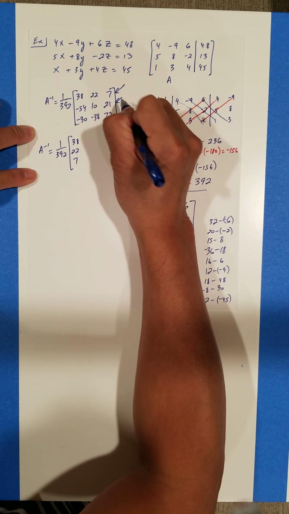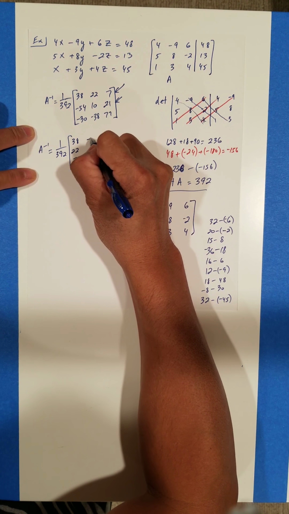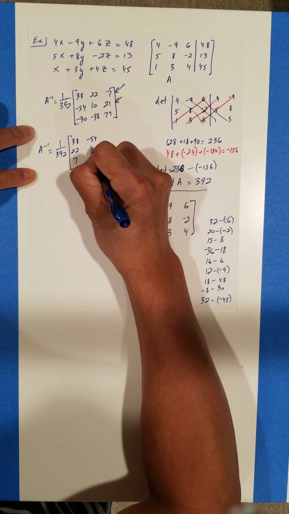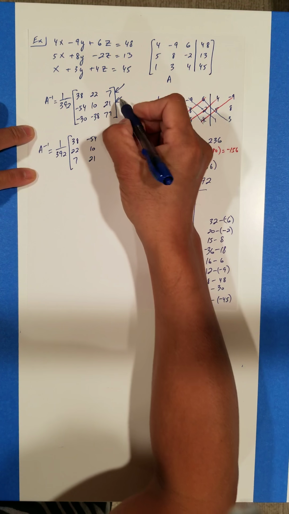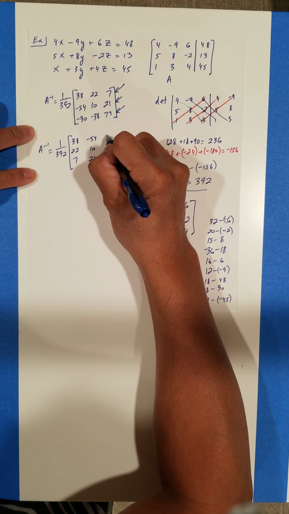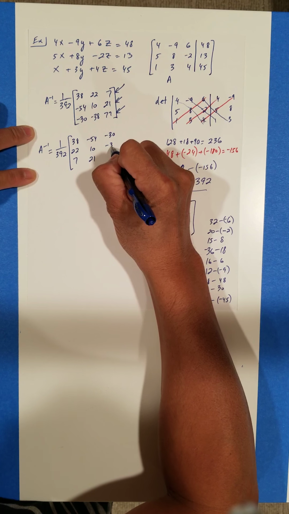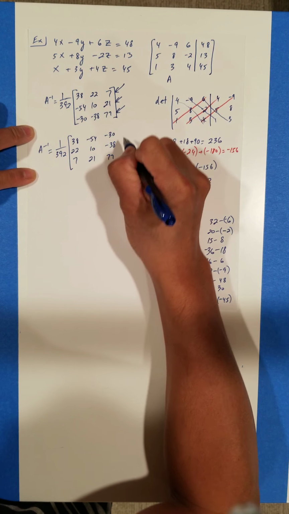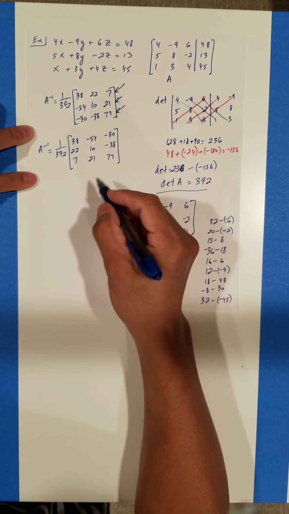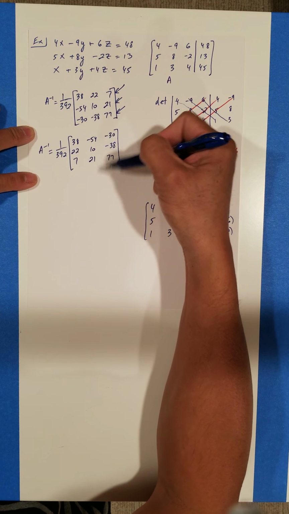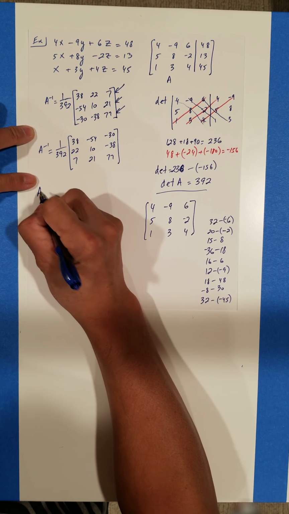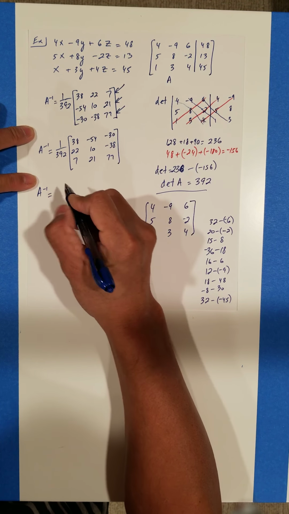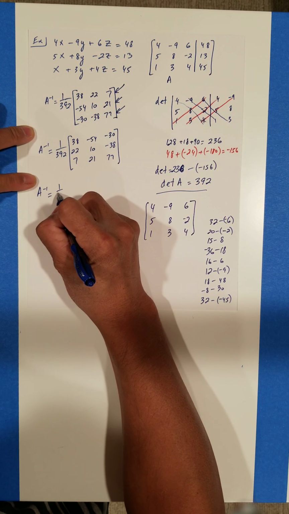Row 2 now, second row. Negative 54, 10, 21. Last row right there. Negative 30, negative 38, 77. Okay, so we took the rows and we made them up and down, standing. So now we only have one more thing to do, and I have my inverse. So 1 over 392.